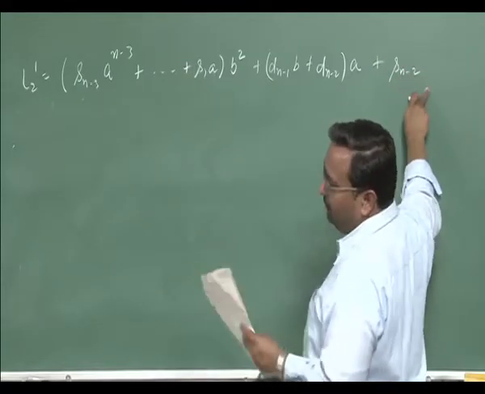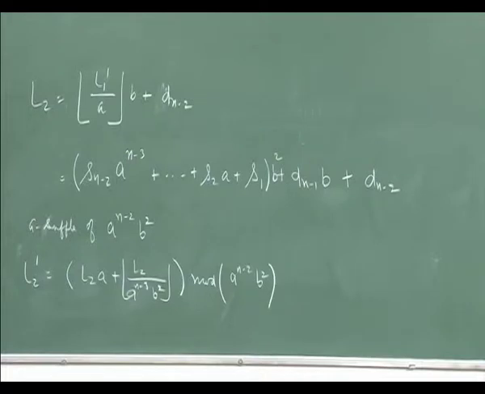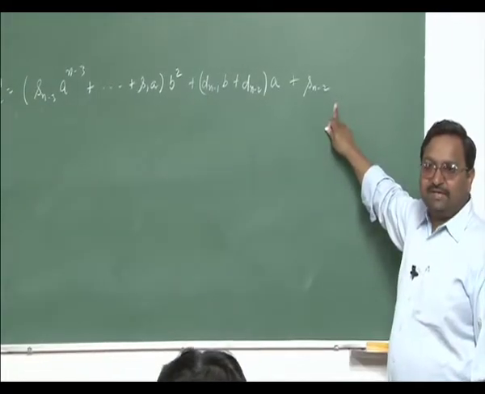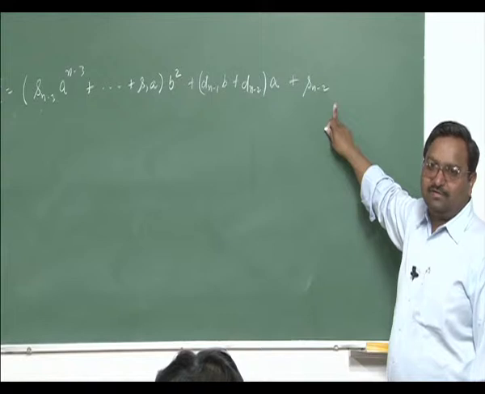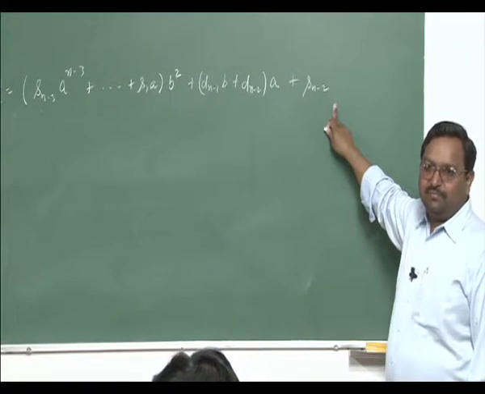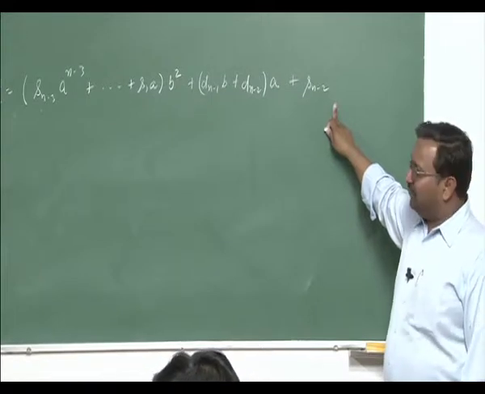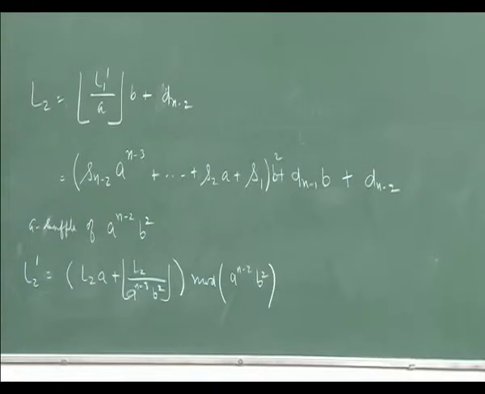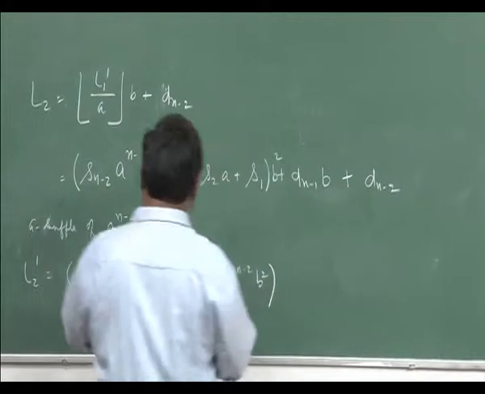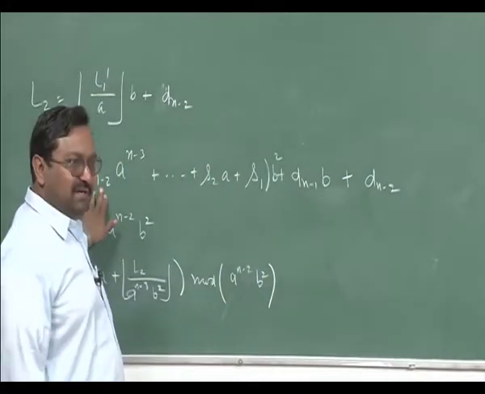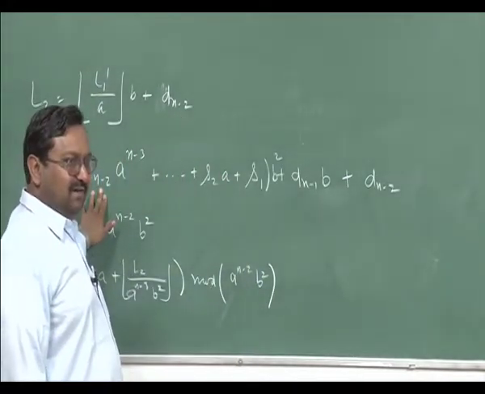This will come from your floor function. Okay, this will come from your floor function. Earlier it was Sn minus 1, this time it has to be Sn minus 2. You take the floor function of that, you divide that whole thing by a raised power n minus 3 into b square. So this term will be completely deleted.